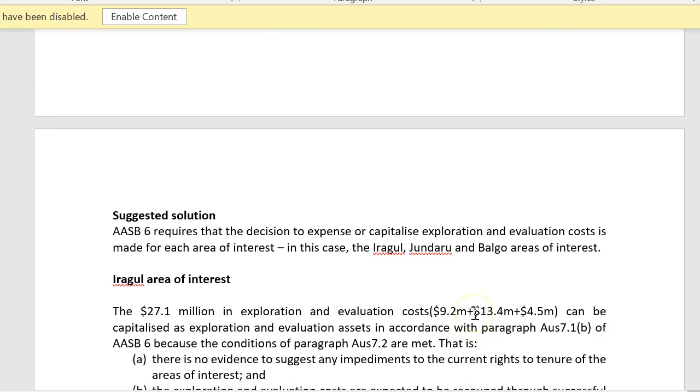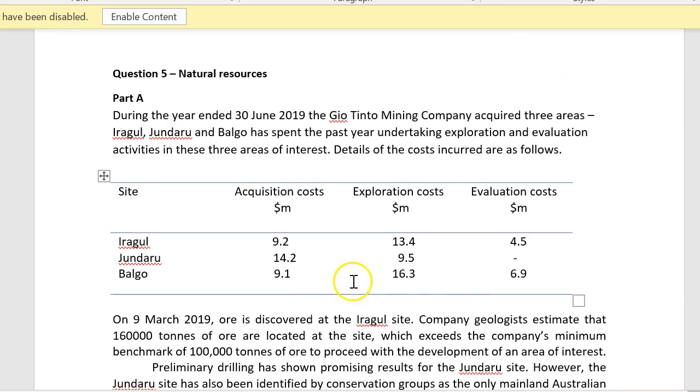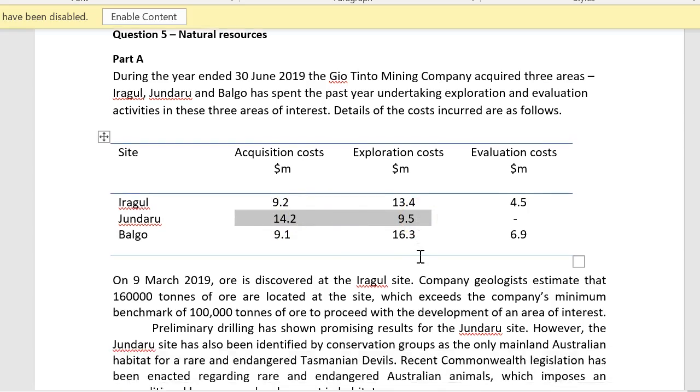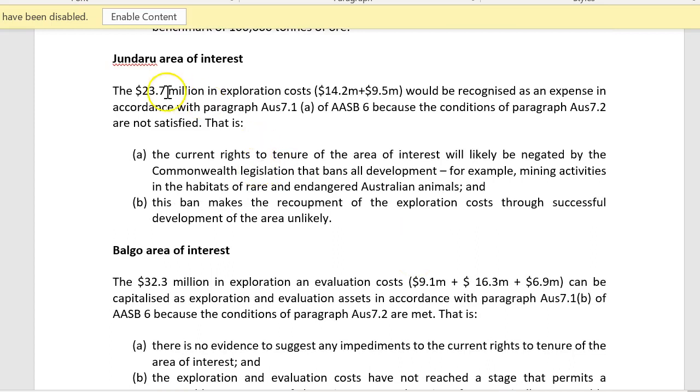Which means they will not be able to recoup their acquisition and exploration costs, so these two costs will need to be expensed.